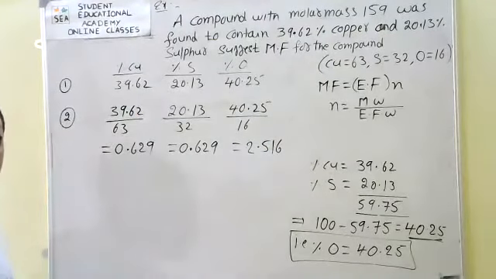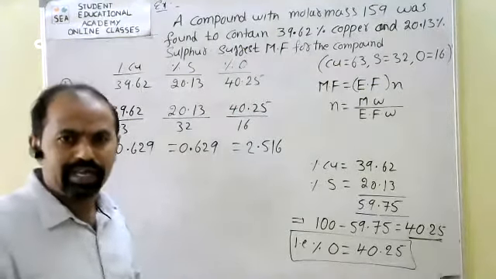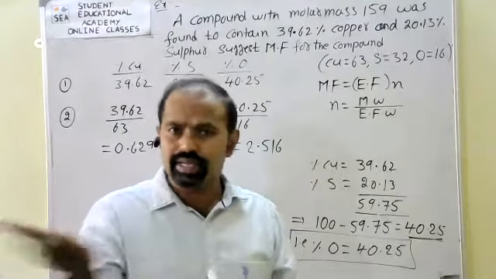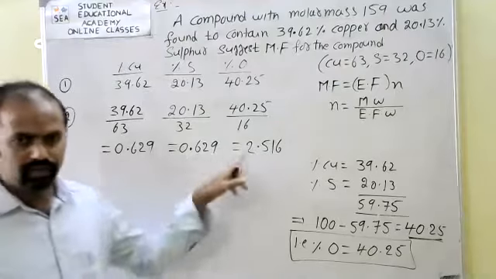See this, we get the number of moles in step 2. What I have done is simply divide the given percentage weight by its atomic mass, and we get these values.